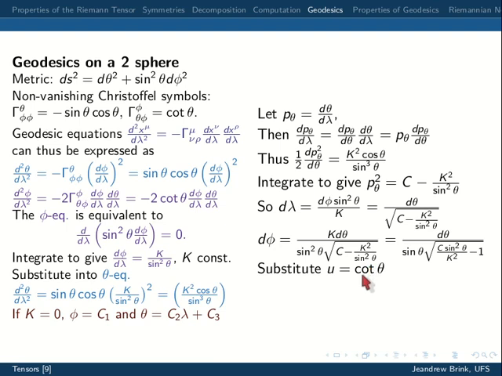And the way we integrate it is we make a substitution of u equals cot theta, right? Because we have a square in a square root, it's usually tan squared or cot squared that's coming in. So we say u equals cot theta, and we put it in there, and then you're actually going to get the expression for absolutely every great circle on your manifold when you integrate this. Okay.